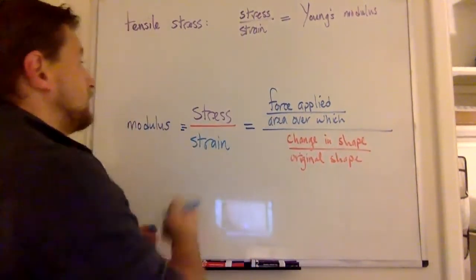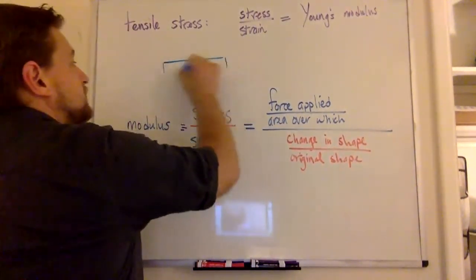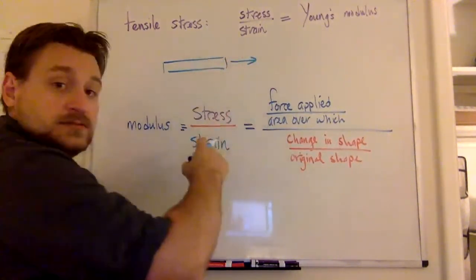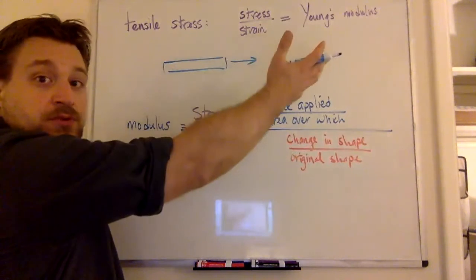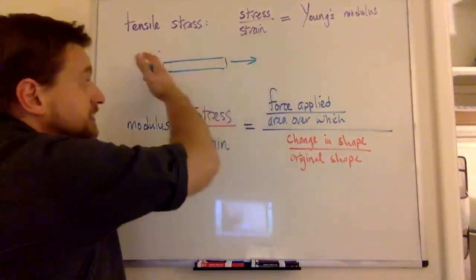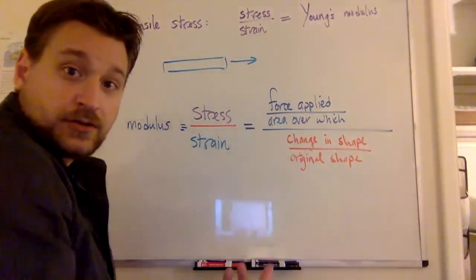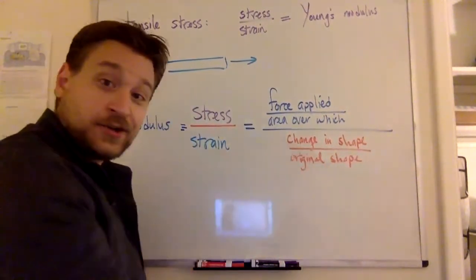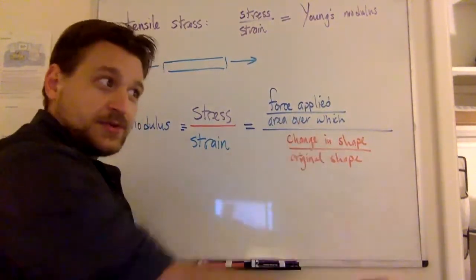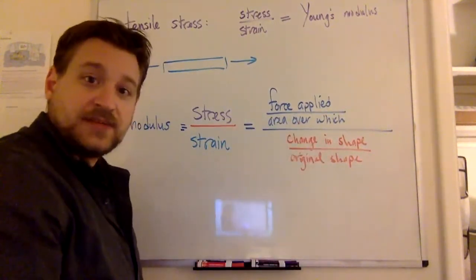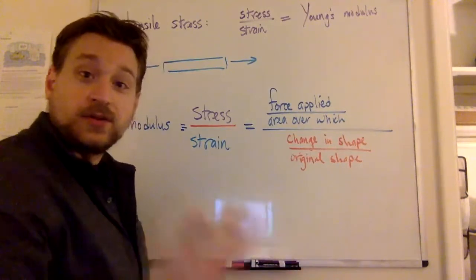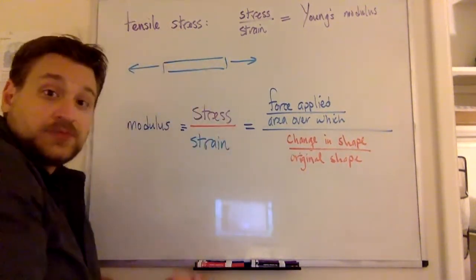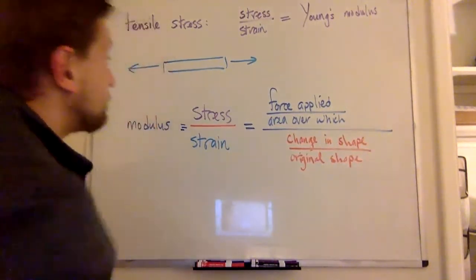If we had an object, some stretch of rubber, and we apply a force on this side, well, the whole piece is just going to move because there's a net force on it, and it'll accelerate according to its mass. We need the net force on the object to be zero so that we can deform the object. If we're not talking about equilibrium, then there's no reason to deform the object. It's not going to respond that way.